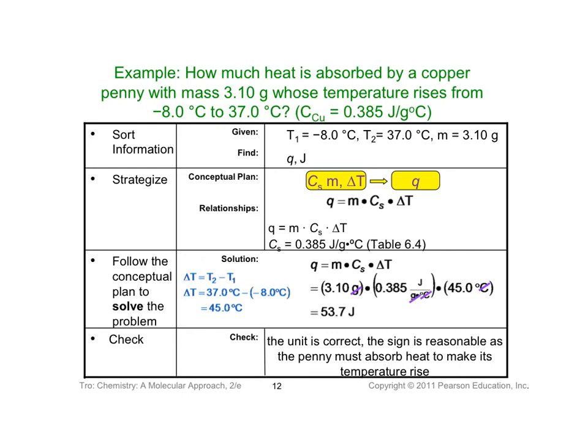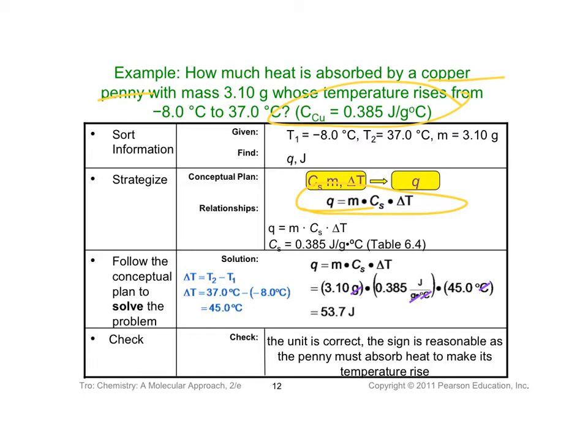So now we can look at things like, okay, if we have a certain amount of a material, copper penny, right? And we've got a mass, and we know the temperature differential, and we can look up the specific heat of copper. How do we do this? Well, we take that Q equals mc delta T, right?